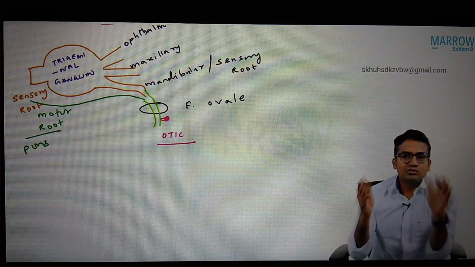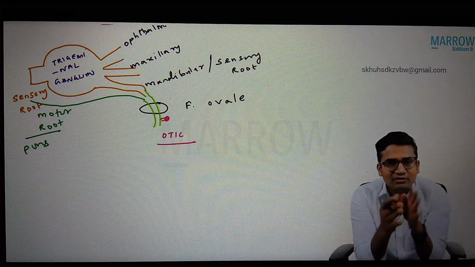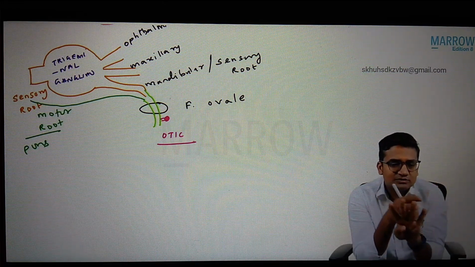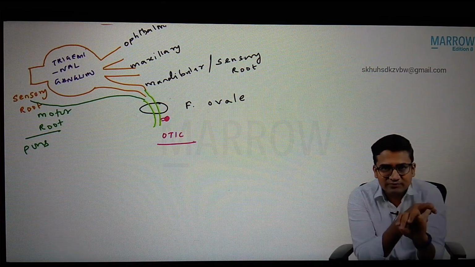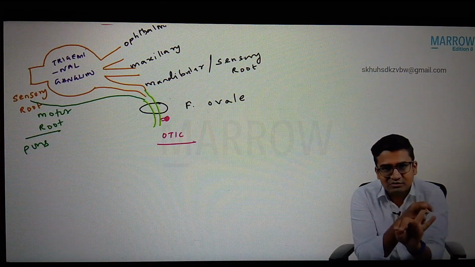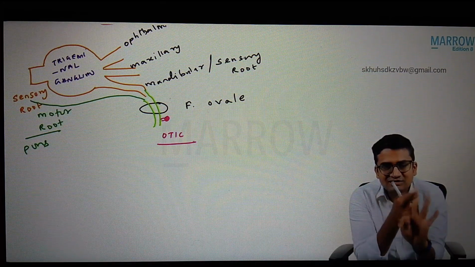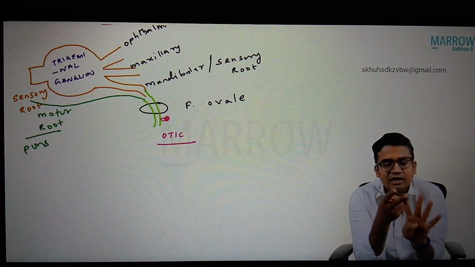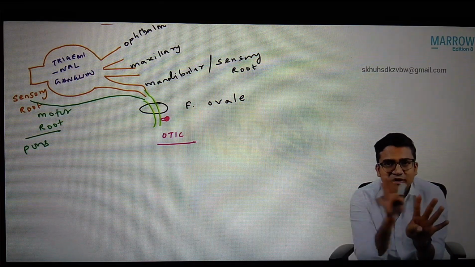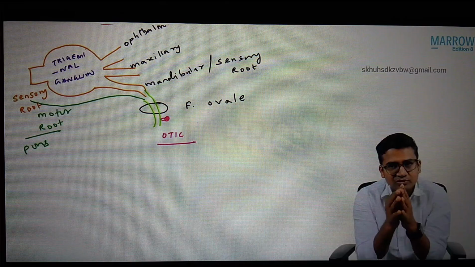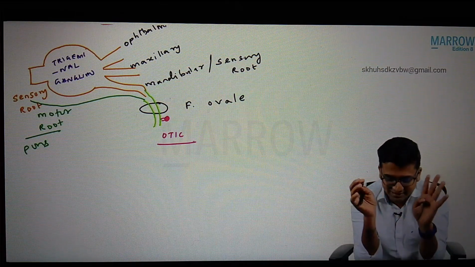So for any parasympathetic ganglion, we have 4 points. Number 1, topographical attachment. Number 2, functional attachment. Number 3, what are the glands or muscles supplied by the ganglion? And number 4, what is the pathway, how is it supplying the gland or muscle? Only 4 points for the parasympathetic ganglion.